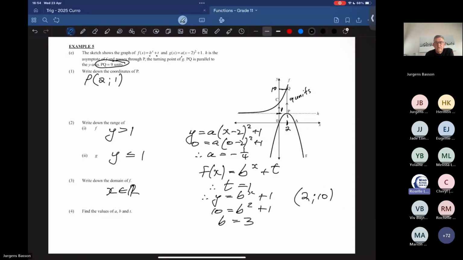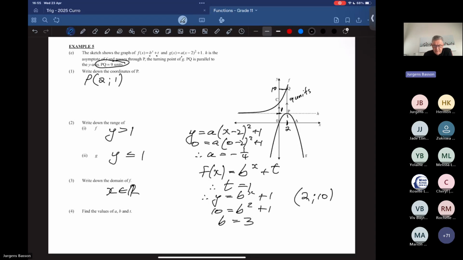She also said C is the y-intercept of F. Example 5, question 4. Values of A, B, and T. For A, I think that is quite obvious.